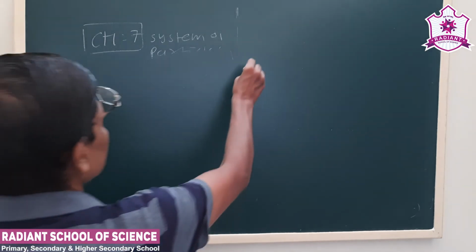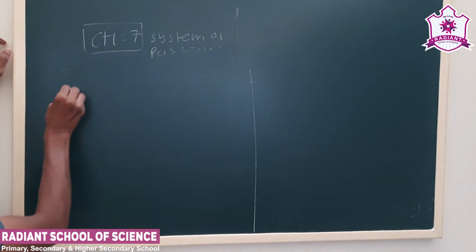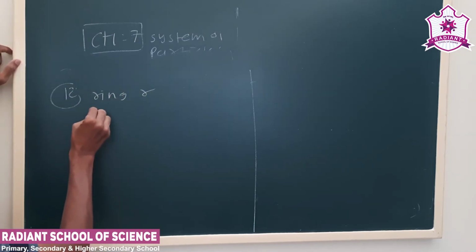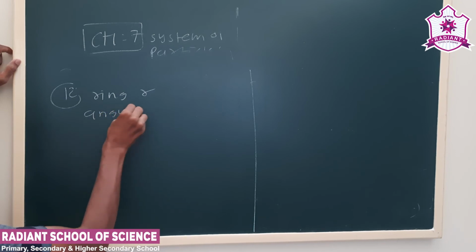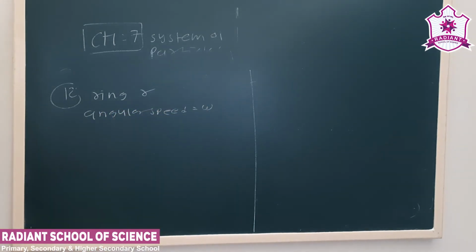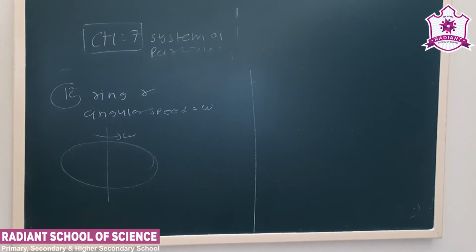Next. See, a ring of radius r, angular speed is omega. It rotates about an axis passing through the center of mass. What will be the kinetic energy?